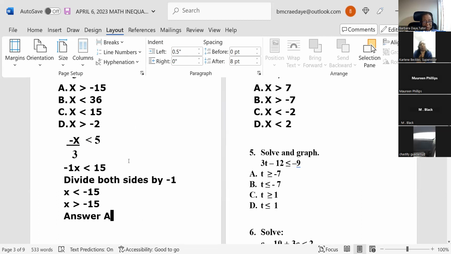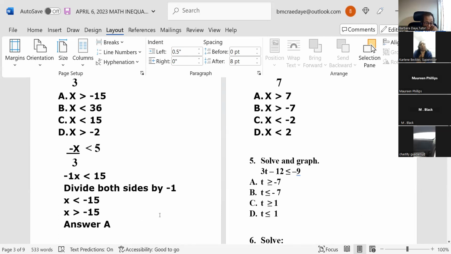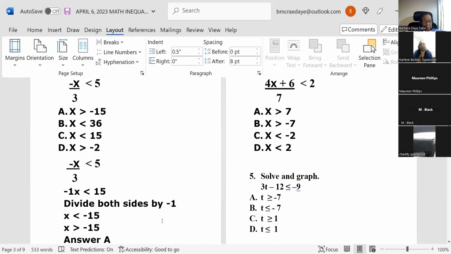The answer would be A. Miss, I look at it and do it mentally, then I start to do it myself. What's wrong with me? Yeah, you can do it mentally, of course.